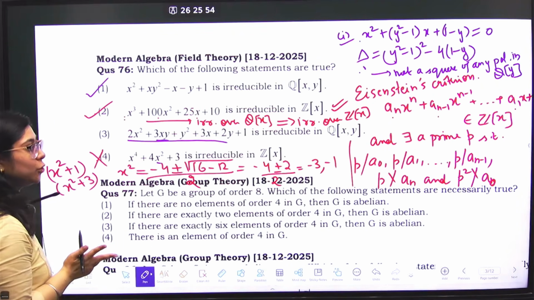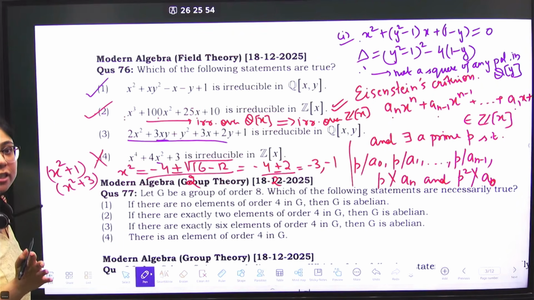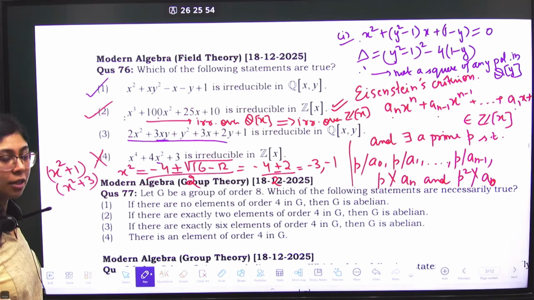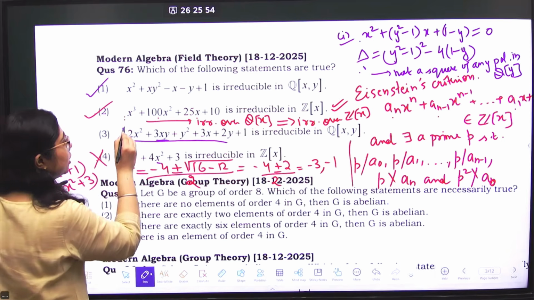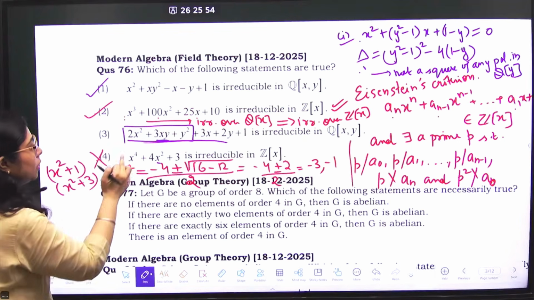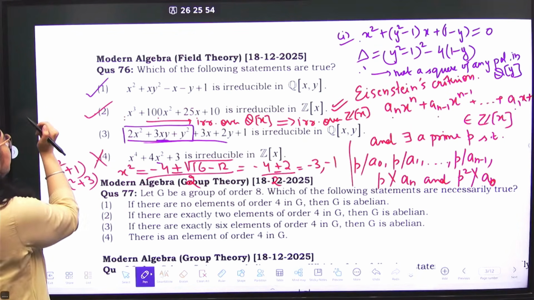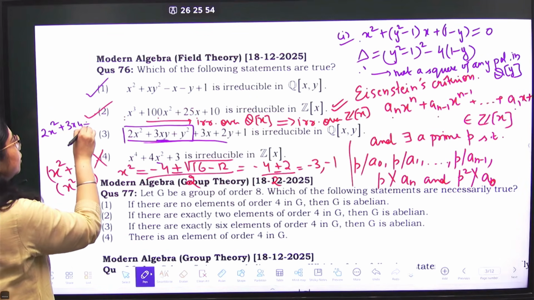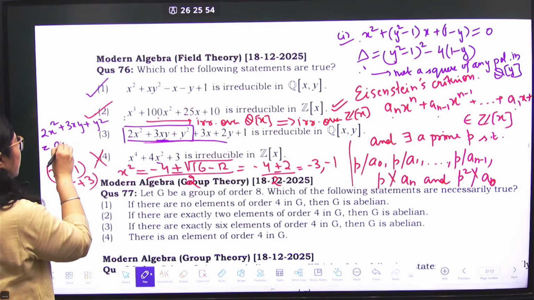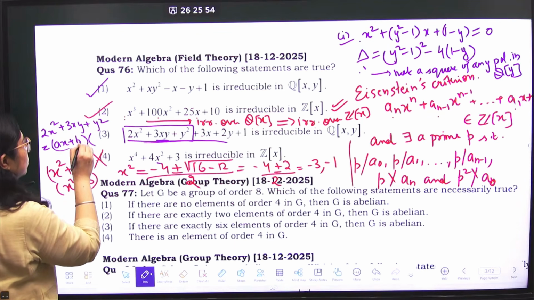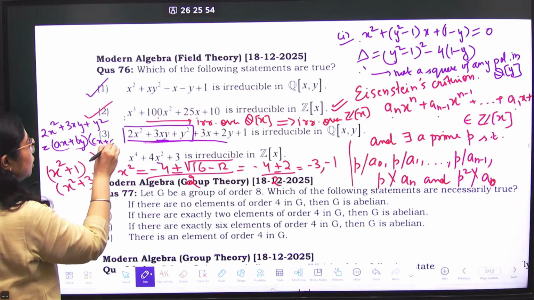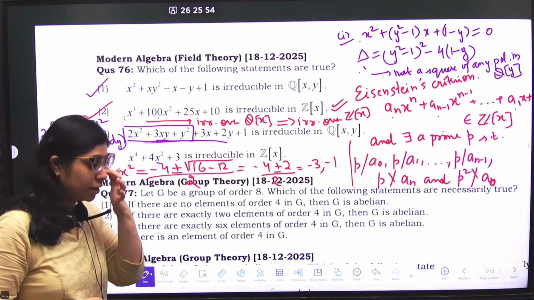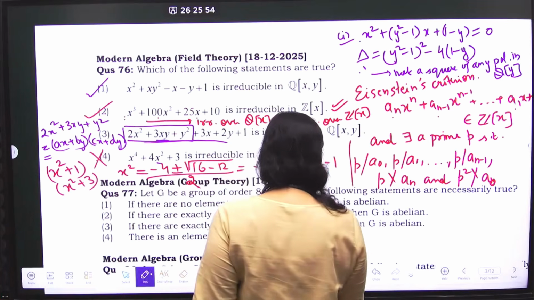Now, for the next, this kind of question, there are two ways of doing it. The first way is we can directly consider (ax plus by plus c) into (dx plus ey plus f). Or we can initially consider this kind of polynomial and split it as 2x squared plus 3xy plus y squared equals (ax plus by) into (cx plus dy), then on solving this, we can find the values of a, b, c and d.